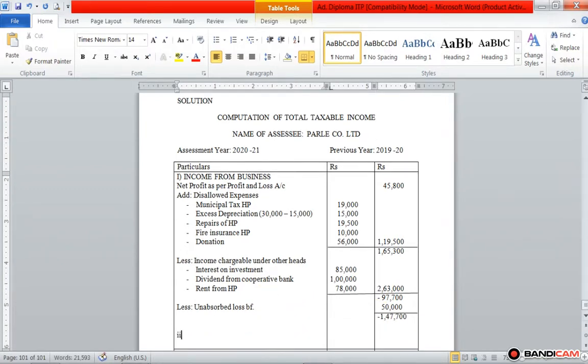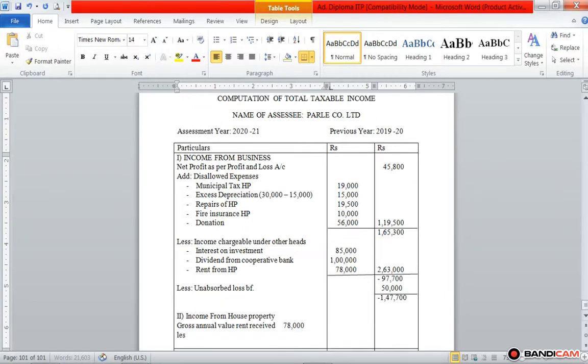Then the second point is income from house property. Here the gross annual value, that is rent received, amounts to rupees 78,000, then less municipal tax 19,000.